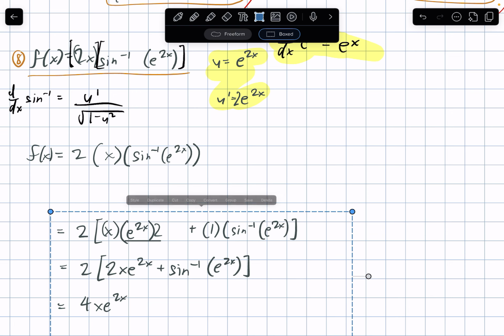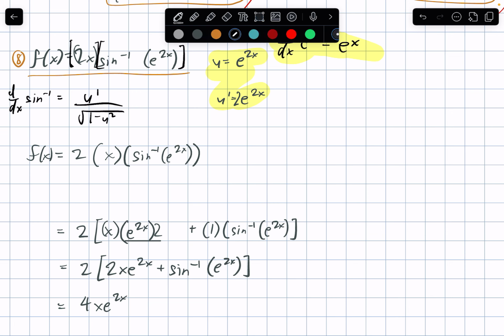Okay, let's write the product rule first. So u dv plus v du. Does that make sense? So let's say u is x, dv, or wait, just v is equal to this one.